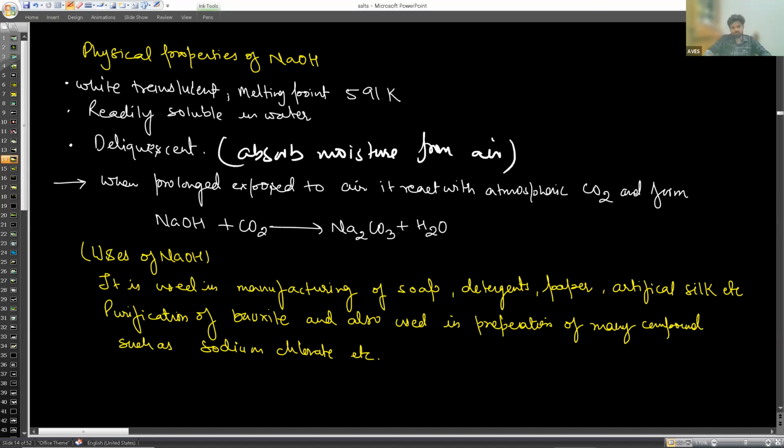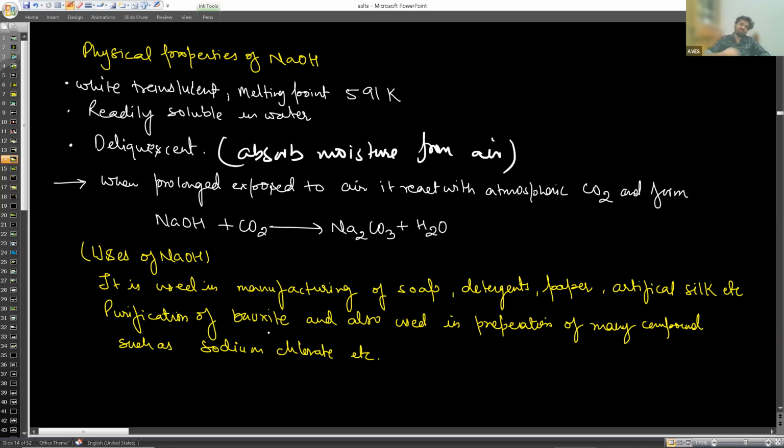What is that? It is used in purification of bauxite ore. What is bauxite? Bauxite is an ore of aluminum.